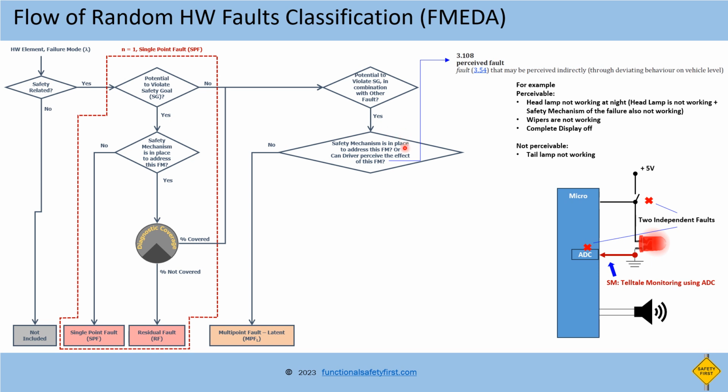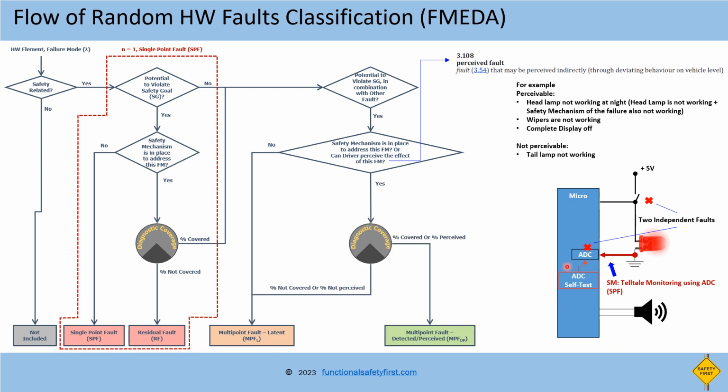Is a safety mechanism in place to address this failure mode, or can the driver perceive the effect of this failure mode? If both are no, then the hardware element's fault is called multi-point fault latent. Now we add a safety mechanism to detect the failure of the ADC peripheral, an ADC self-test.